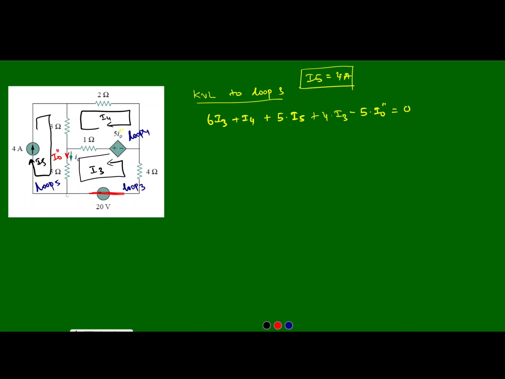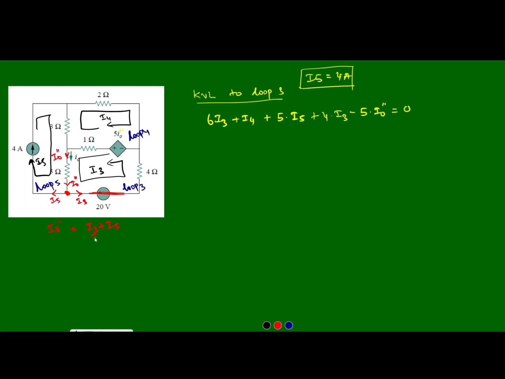Now if we consider this node, the current I0 double dash is coming in, and the current leaving is I3 and the current leaving in this direction is I5. So I can write I0 double dash is equal to I3 plus I5.